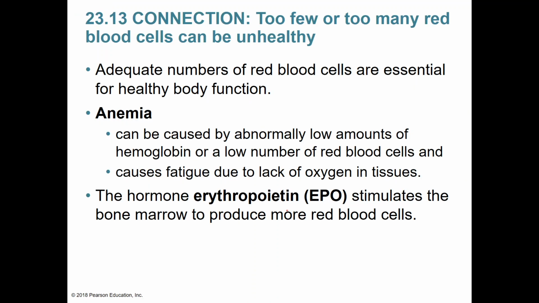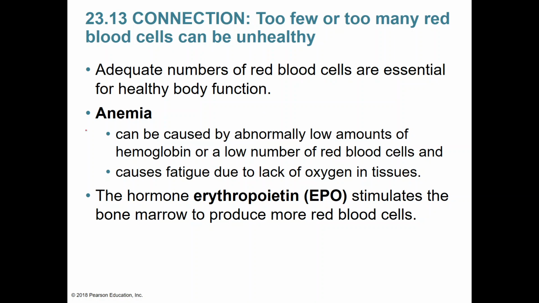So what happens, we have this hormone erythropoietin, EPO, and this stimulates the bone marrow to produce red blood cells. And these are essential for a healthy functioning of the body.